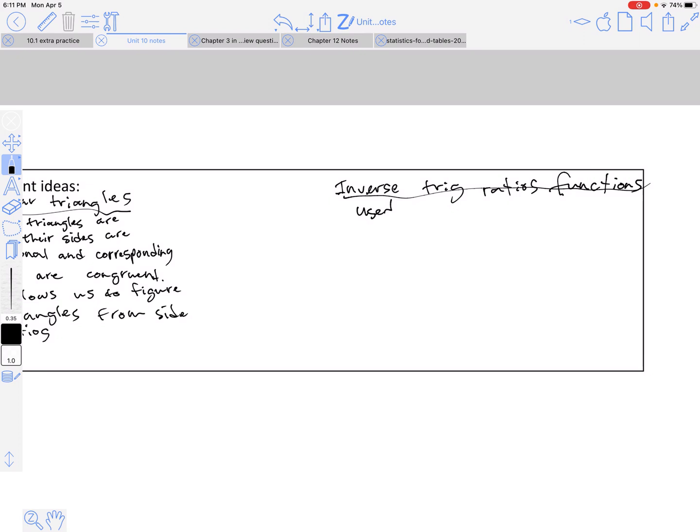So these are used to find angle measurements from sides. So what you'll do is you'll set up the equation, then you'll solve for the missing angle.